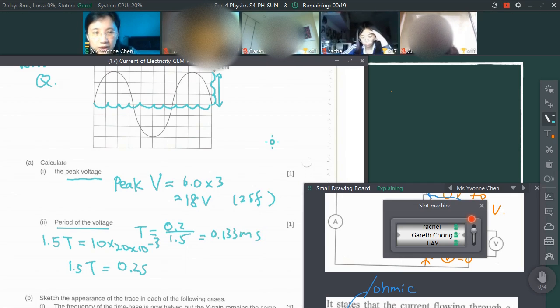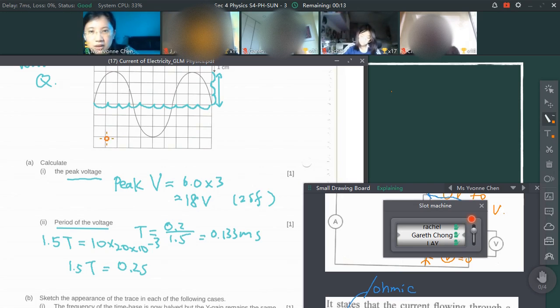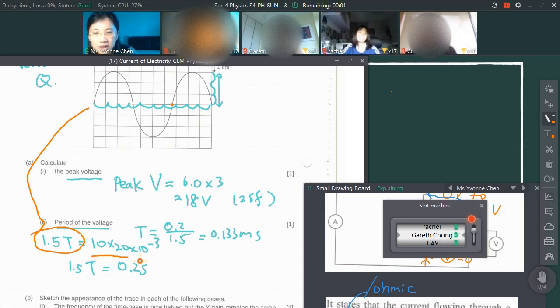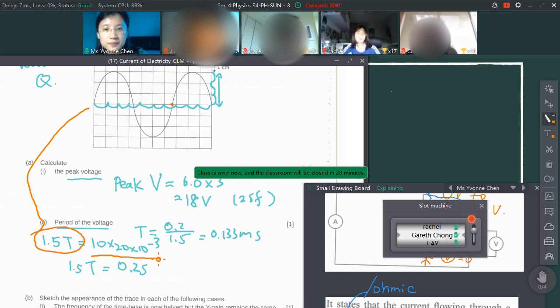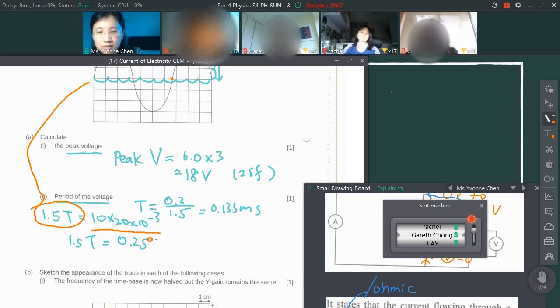So the skill here is, in case you don't know how to read one wavelength nicely, instead I look at 1.5 wavelengths, which corresponds to 1.5 period. So that's how it works. This is the final answer.